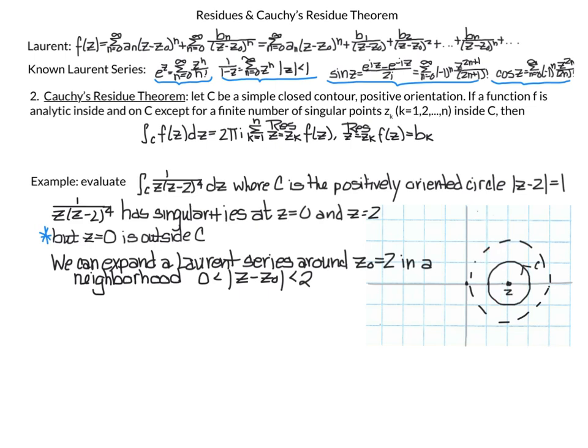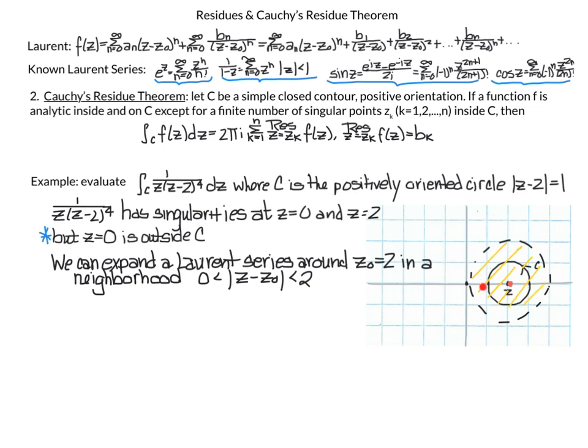and it's good in this neighborhood. So it's good wherever the distance between z and my 2 is greater than 0. So this is a punctured neighborhood. In other words, I'm not including z equals 2, because f is not analytic there. But I am including everything in this punctured disk that does not include the point z equals 2.